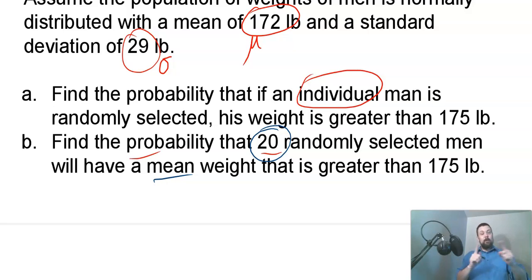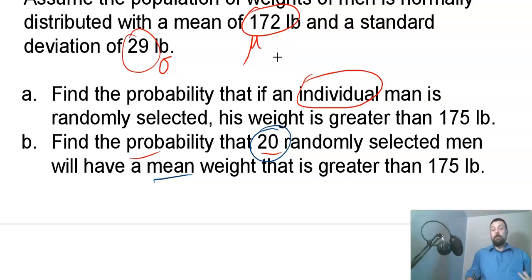So the thing that really distinguishes these two questions is that part A is about one person, and part B is about 20 people together having an average weight greater than 175. For part A, you do not use the central limit theorem, because you're asking for a probability regarding the original set of data.